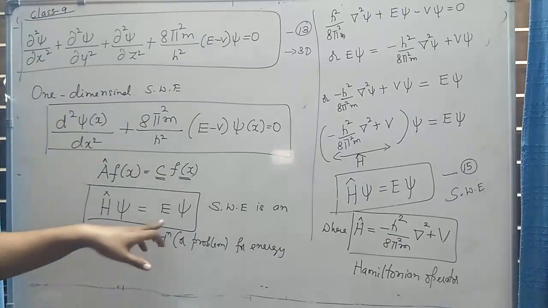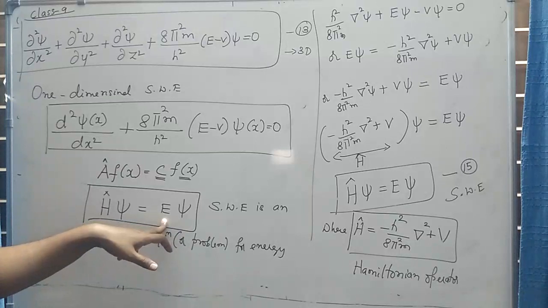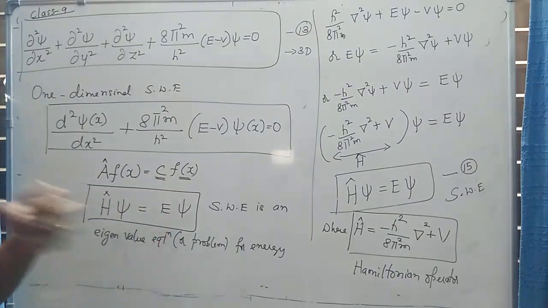Because this eigenvalue, which is energy, represents the value of a physical quantity, and the value of any physical quantity should always be a real number. So that is why I stressed that point, that the eigenvalue of a Hermitian operator is always real.